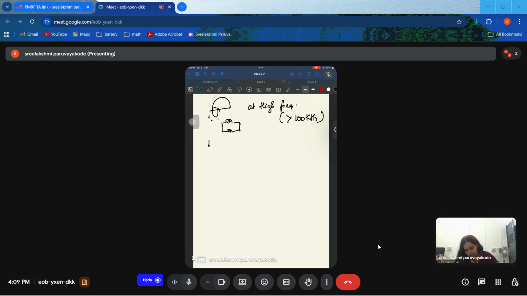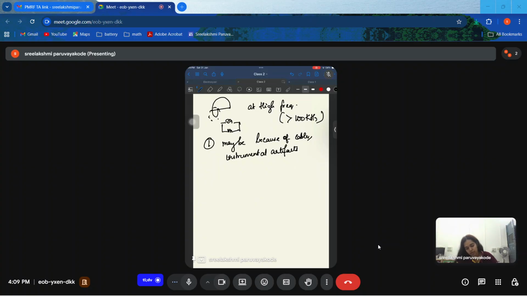The first reason may be cables, instrumental artifacts, because the equipment cannot distinguish whether it is coming from the system or from the cable.